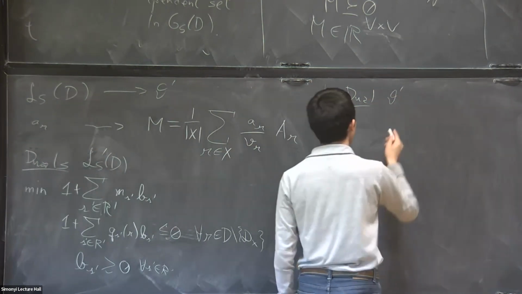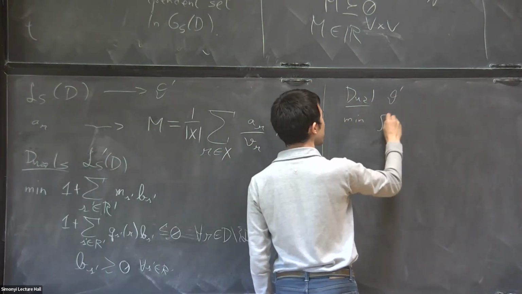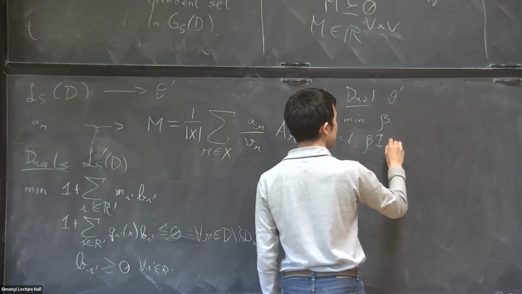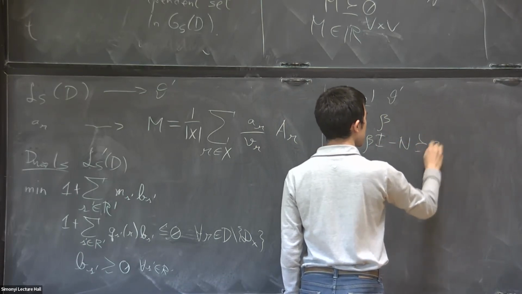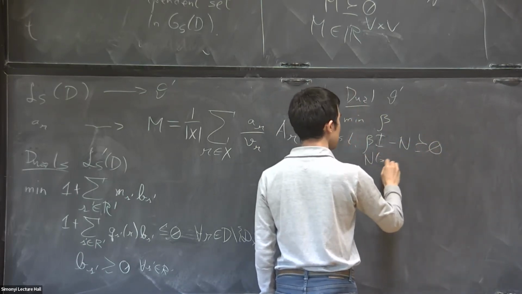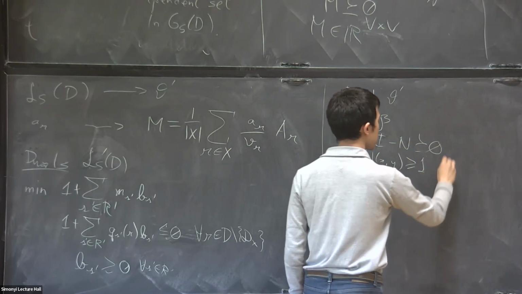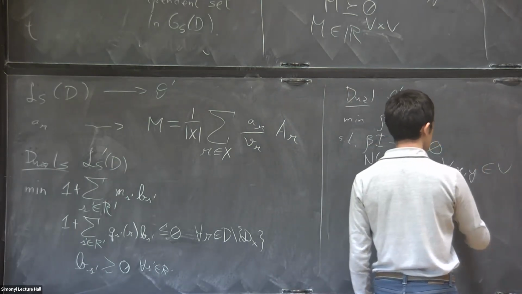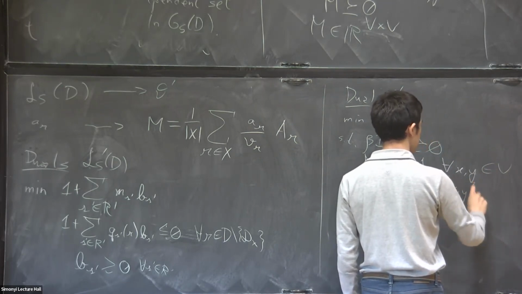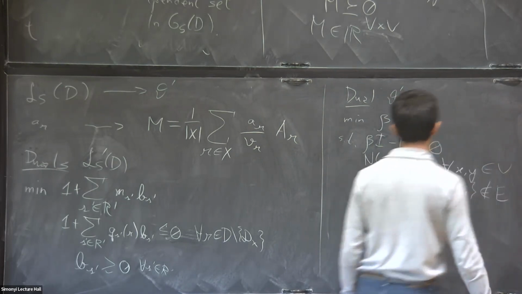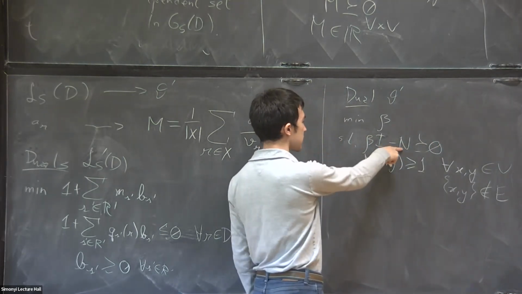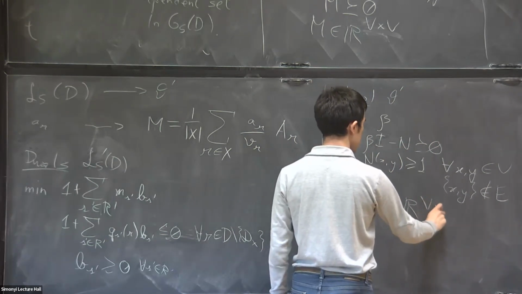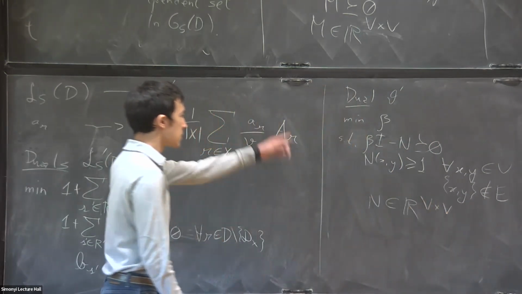The dual for the theta prime is: find N such that the identity is N is indefinite, and N_XY is at least 1 for every X, Y in V such that XY is not an edge. And the variables here are N. So that's the dual.